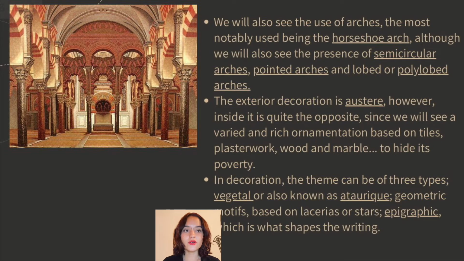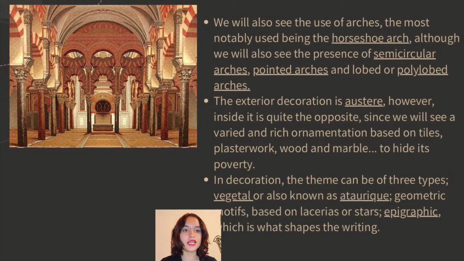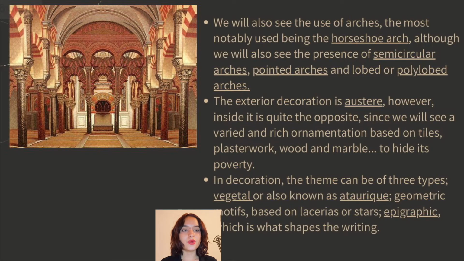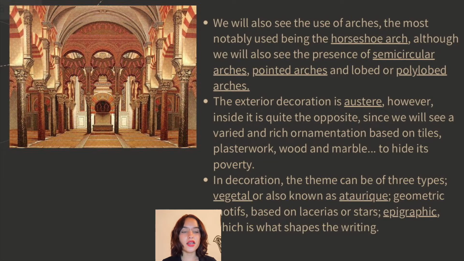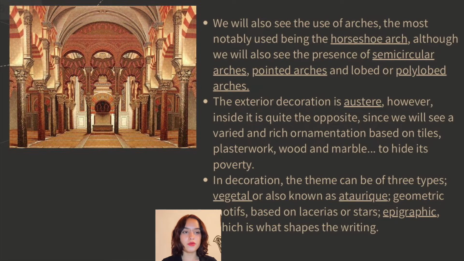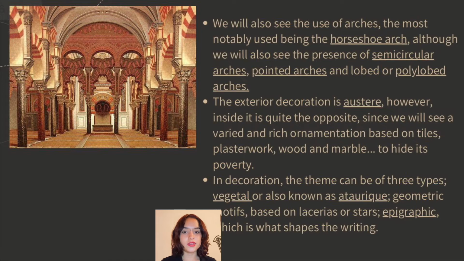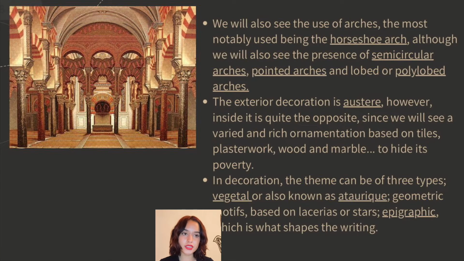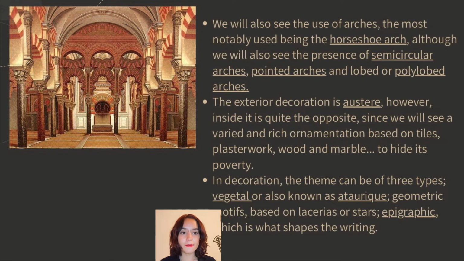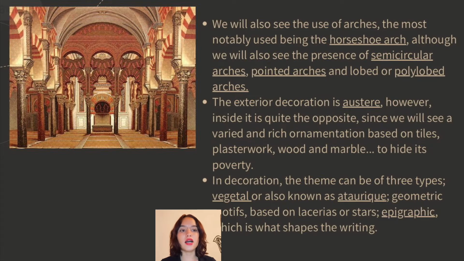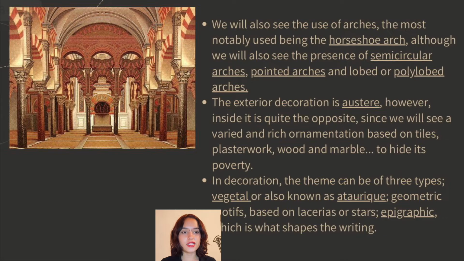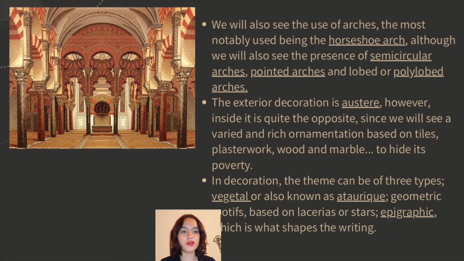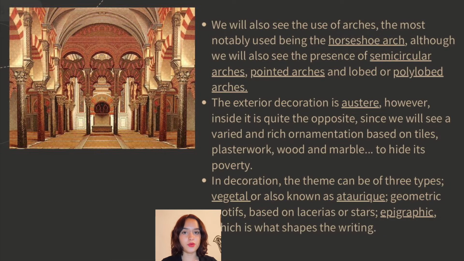The exterior decoration is austere; however, inside it is quite the opposite, since we will see a varied and rich ornamentation based on tiles, plasterwork, wood, and marble to hide its poverty. In decoration, the theme can be of three types: vegetal, also known as atauriques, geometric motifs based on lattices or stars, and epigraphic, which is writing.